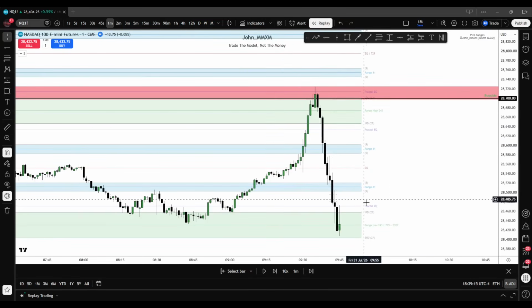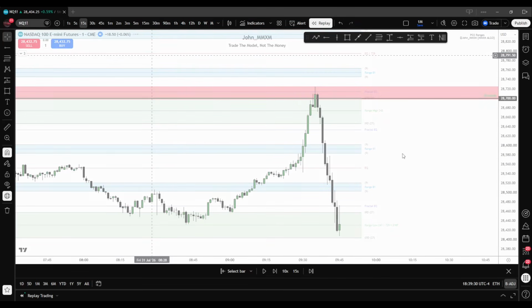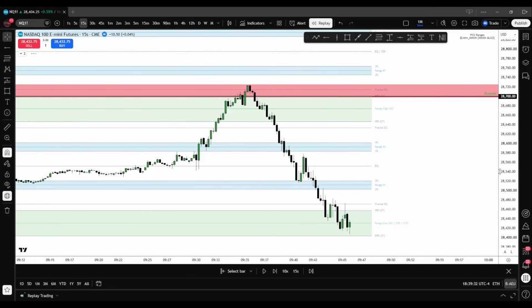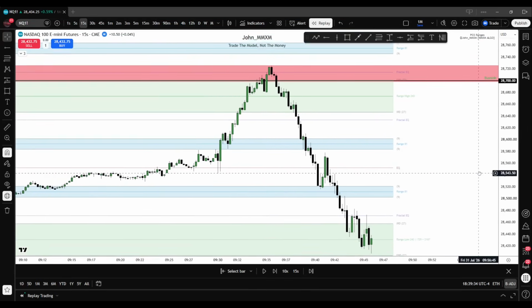Perfect. Obviously, on the 1 minute here, you don't get any entry. Besides like IFEGs, you get an entry right here, but it's still fine. It's above EQ, but we're gonna go down to the 50. Perfect.